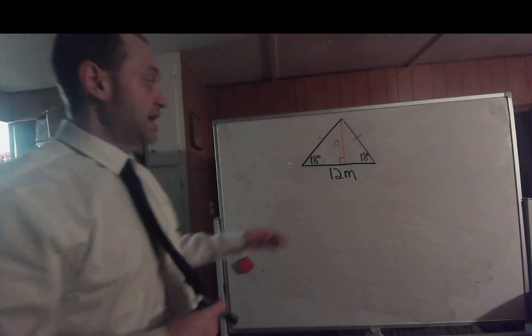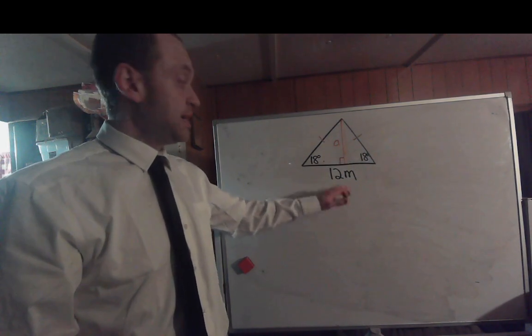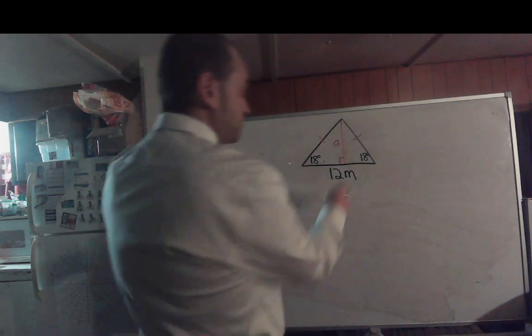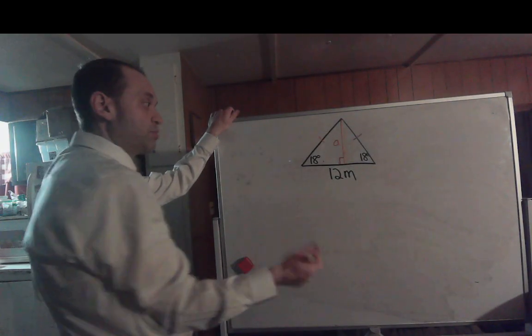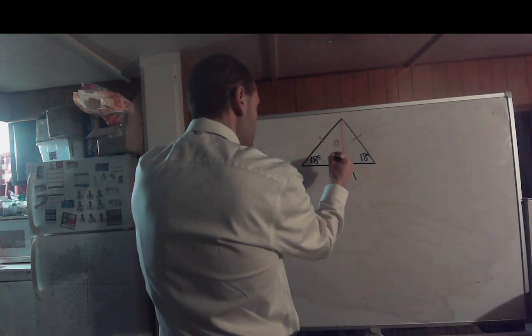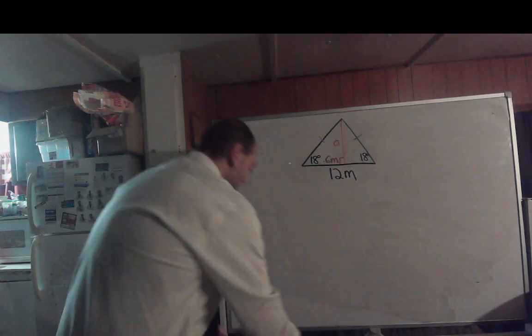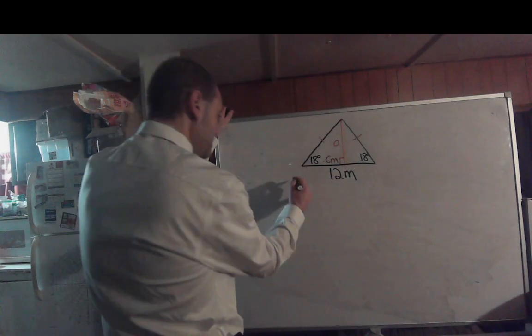Well, again, the altitude is perpendicular to the base at its midpoint, so it's the perpendicular bisector. So that means that this splits the isosceles triangle into two right triangles, and perpendicular bisector means this length would be 6 meters.